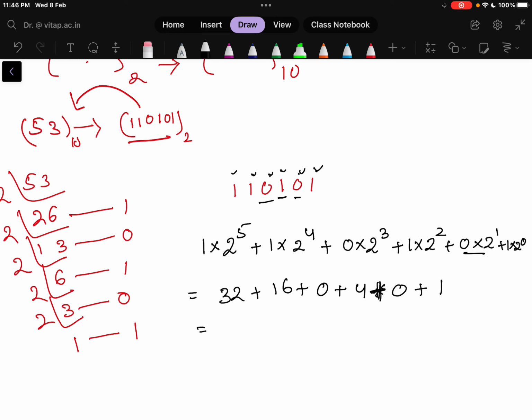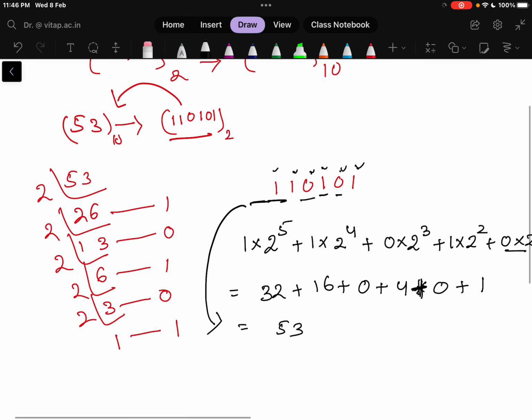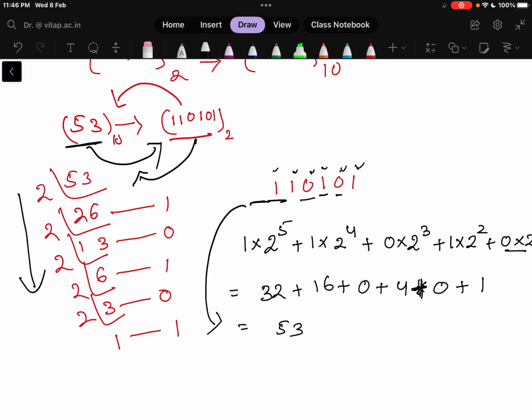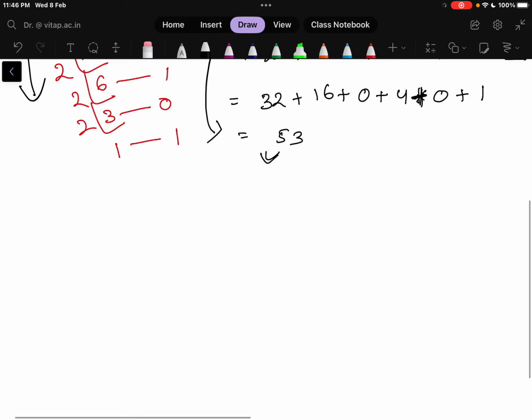If I add all these numbers, I will get 53. Now we have converted this binary number to the decimal number. In the first place we converted the decimal number to binary, and then we converted the same binary number back to decimal and got the same number. Now, let us take some other example as well.